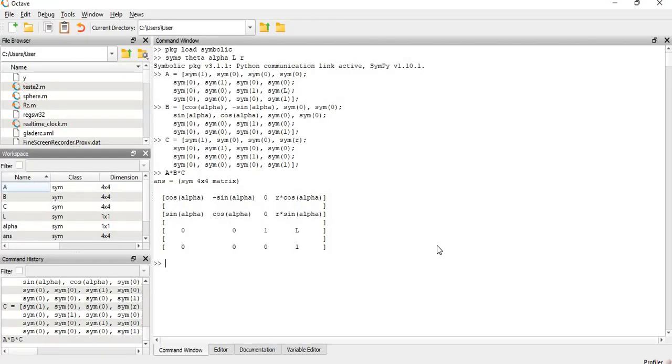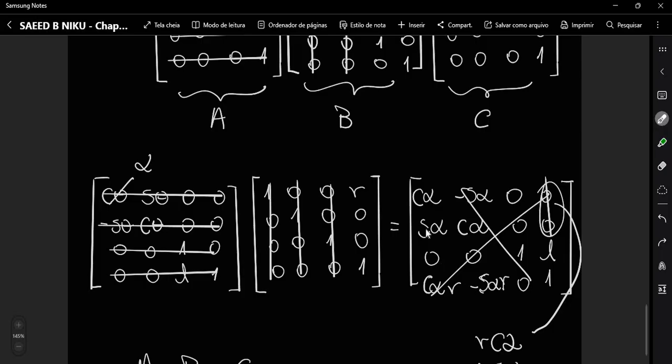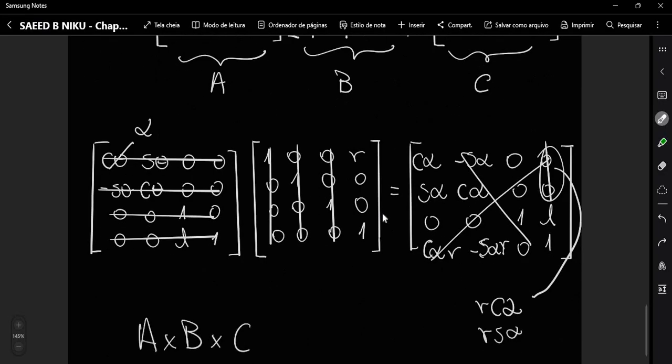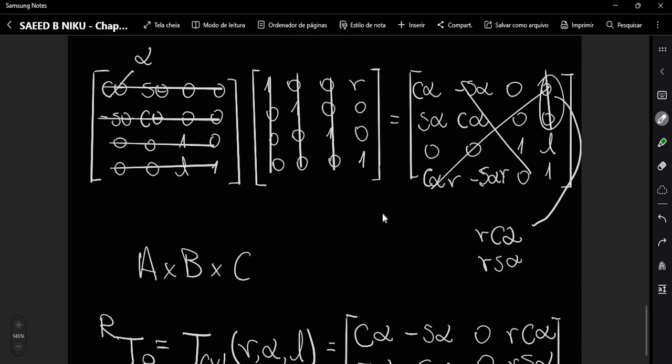We use Octave to solve these matrices, and we can consider large matrices because they are of order 4, matrices 4 by 4. It takes a lot of time from us, and as I said, we can commit mistakes in the middle of the operation.